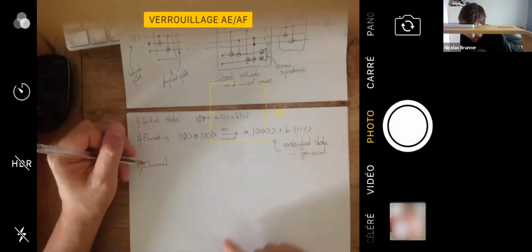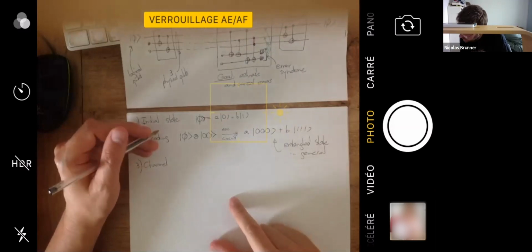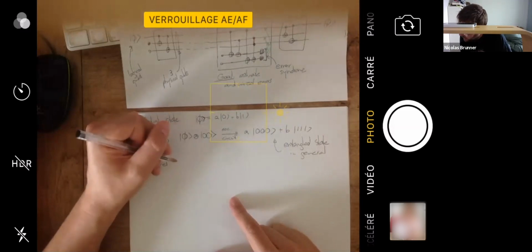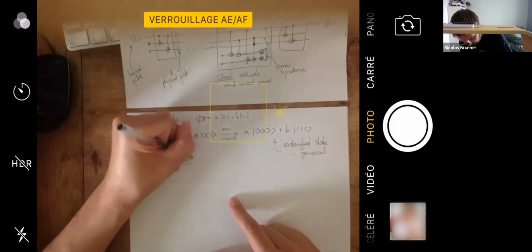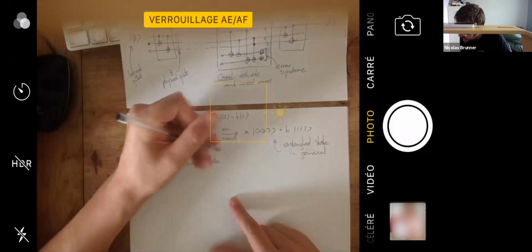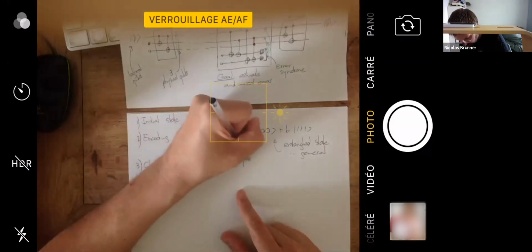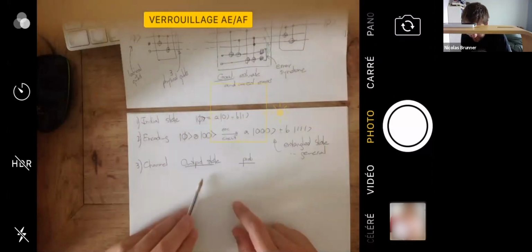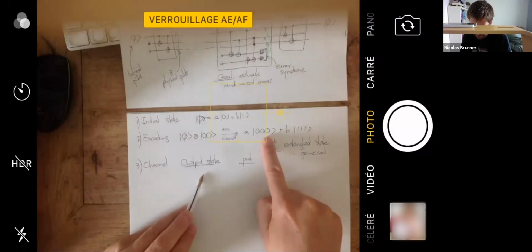Now there is some noise in the channel, and so here I will go through a list of all possibilities. I will write the output state and the probability. The input state is always this one.